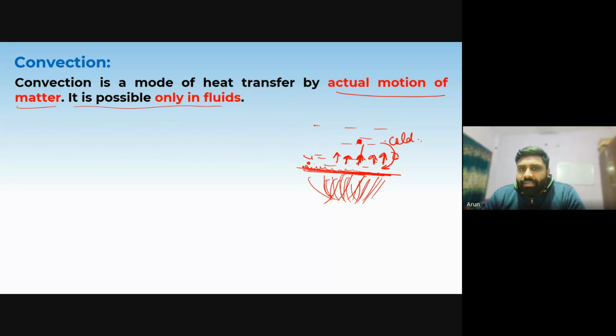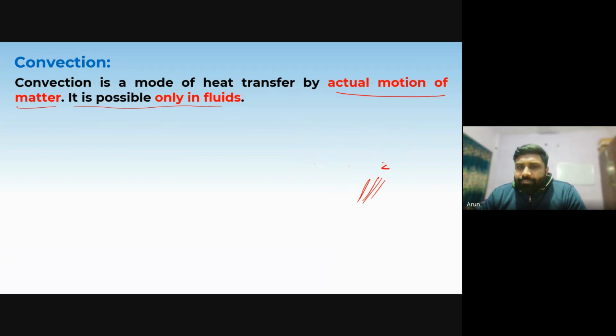It is a very complicated topic, so only a very small concept of it is given in your syllabus. Okay, if you go into engineering, either civil, mechanical, or chemical, you will have to study the subject of fluid mechanics and heat transfer.